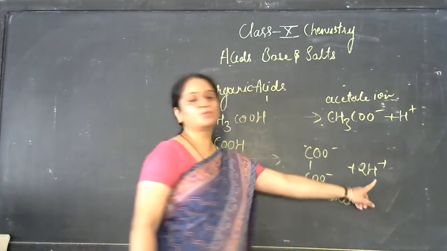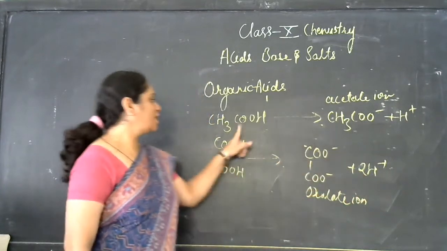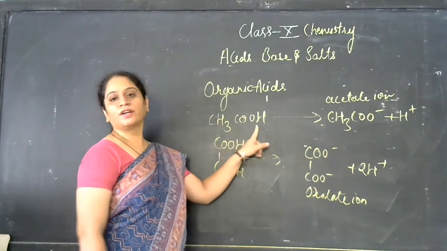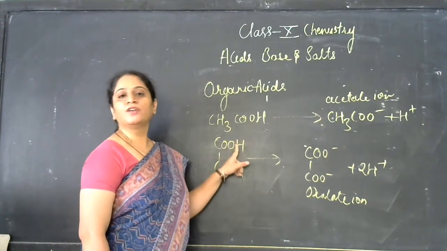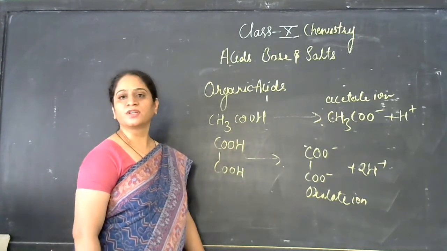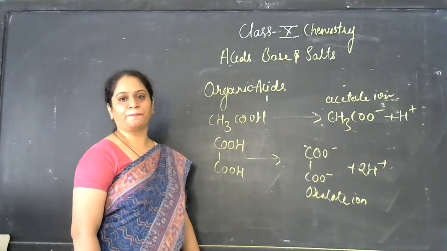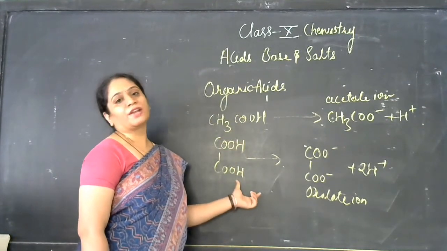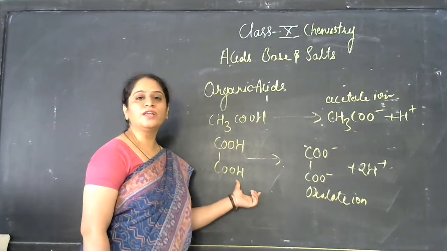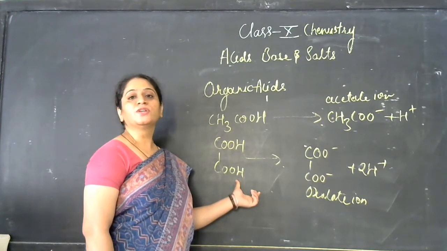So in organic acids there are many hydrogen atoms, but they cannot release all of them into the solution so easily. That is why we say they come under the category of weak acids, and they cannot release hydrogen ion concentration so easily.